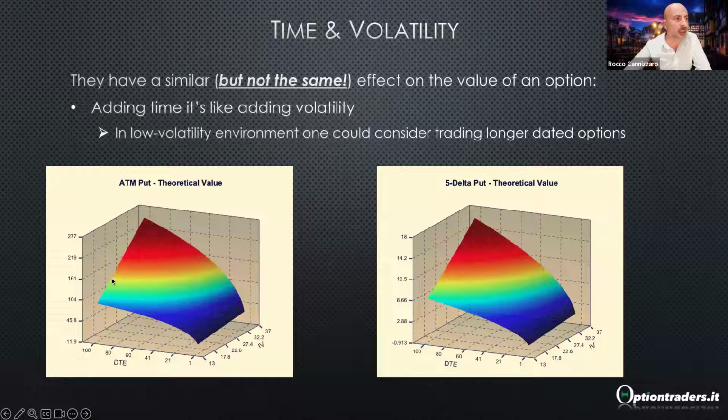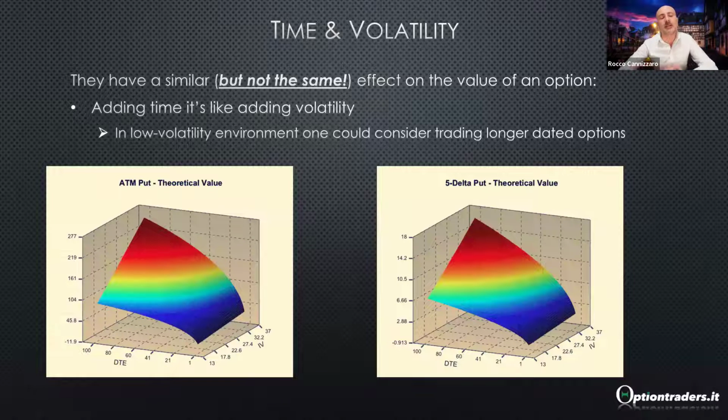So if I'm looking at this yellow color here, which tells me that the price is $161, then if I follow this yellow color anywhere, it tells me that all those combinations of expirations and implied volatility lead to the same value of the price of an option.